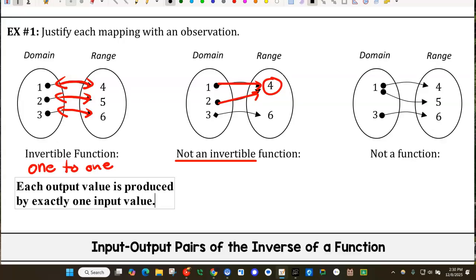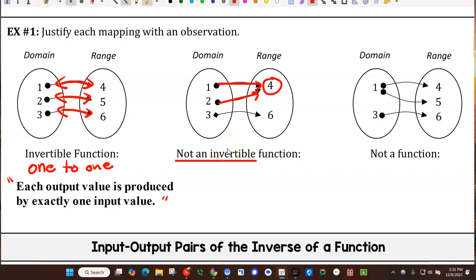Unlike that middle part, if I try to reverse this right here, I'm not sure where to go back to. Does this 4 go to 1 or does 4 go to 2? Right? So you could say the same sentence here, and you could say, instead of exactly 1, no, each output is produced by multiple input values. Right?